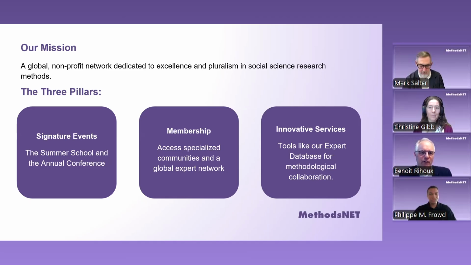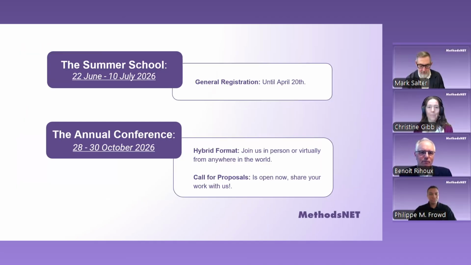Talking about the two flagship events, we're organizing a mostly in-person event every year, which is a summer school, organized in Vienna together with the Central European University, a great research place in a great city.